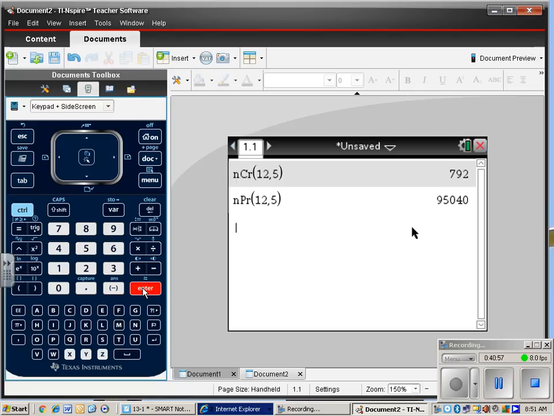In permutation, order matters. So if I have Jimmy, John, and Sally, then if I have John, Sally, and Jimmy, that's different than Jimmy, John, and Sally, right? So I might have the same group. Jimmy, John, Sally; John, Jimmy, Sally; John, Sally, Jimmy; Jimmy, Sally, John; Sally, John, Jimmy; Sally, Jimmy, John.